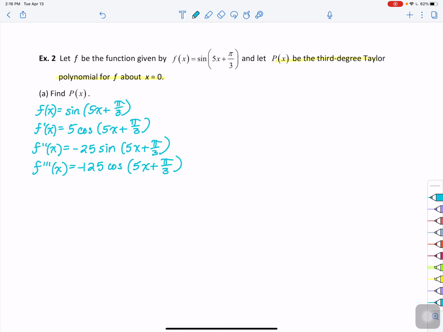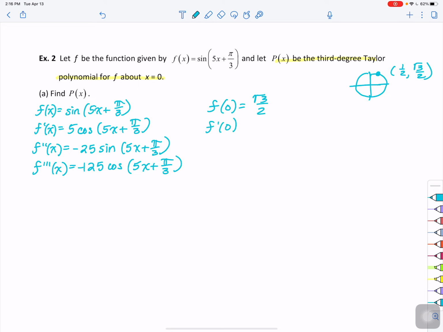And all of these are going to be evaluated at 0. So we have the sine of pi over 3, which, of course, the cosine is a half, and the sine is root 3 over 2. So the sine of pi over 3 is root 3 over 2.